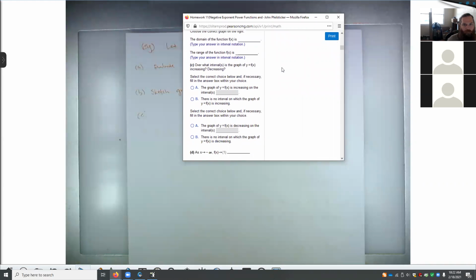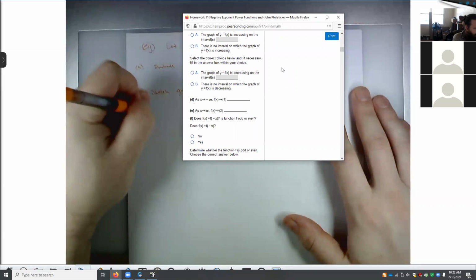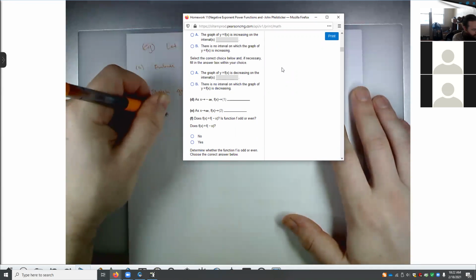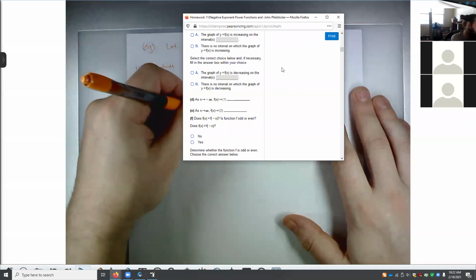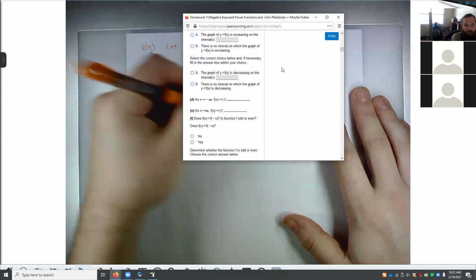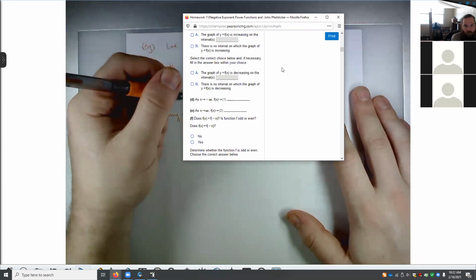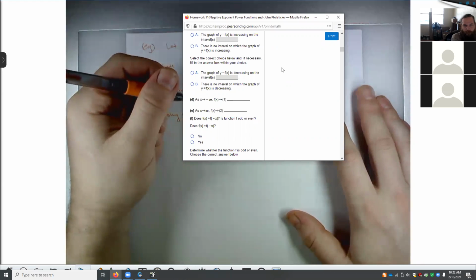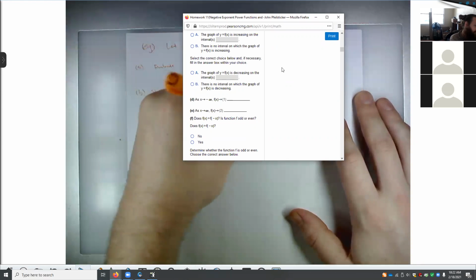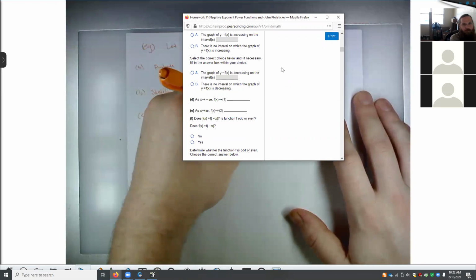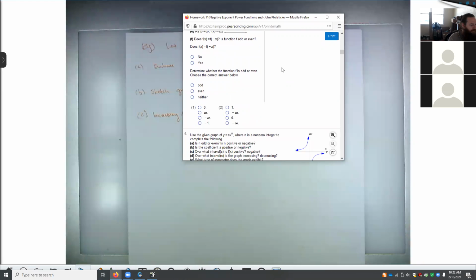Decreasing, and then this is also symmetry, increasing, decreasing, and behavior. And then, yeah, parity.